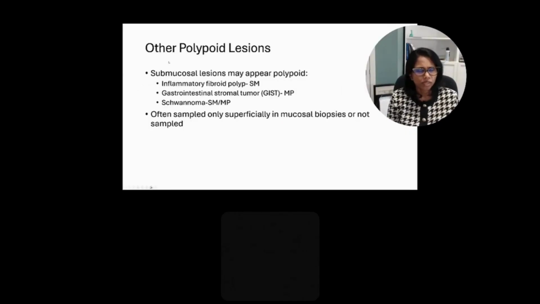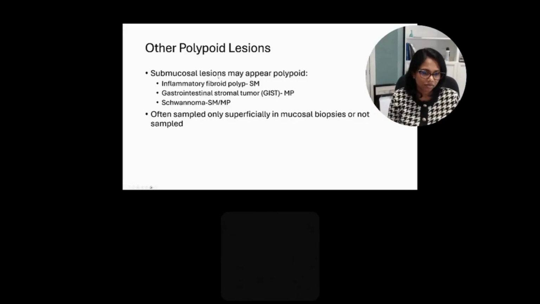I'm not really going to talk about the mesenchymal lesions that we see, simply because in gastric biopsies we often get endoscopic reports saying we have a submucosal lesion or intramural lesion.